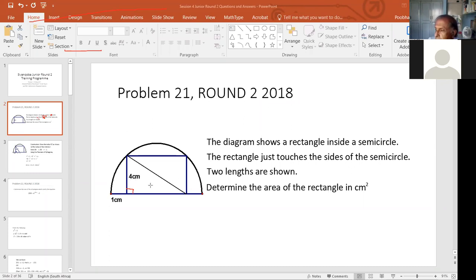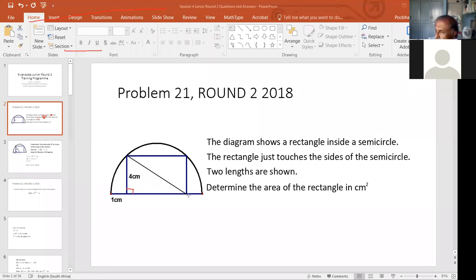Of the triangle. Now, so how do we find that? Well, perhaps what we can do is to use the center of the circle.